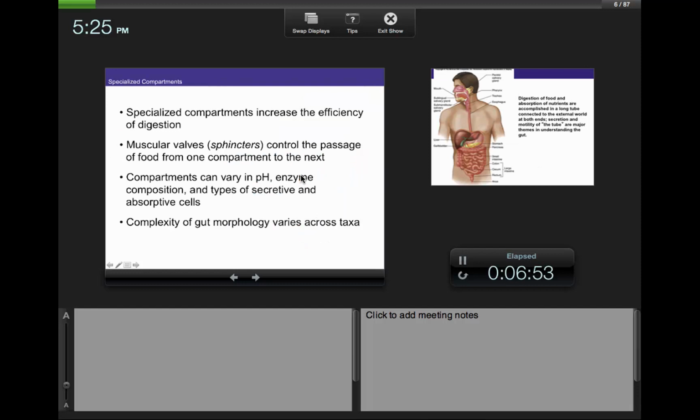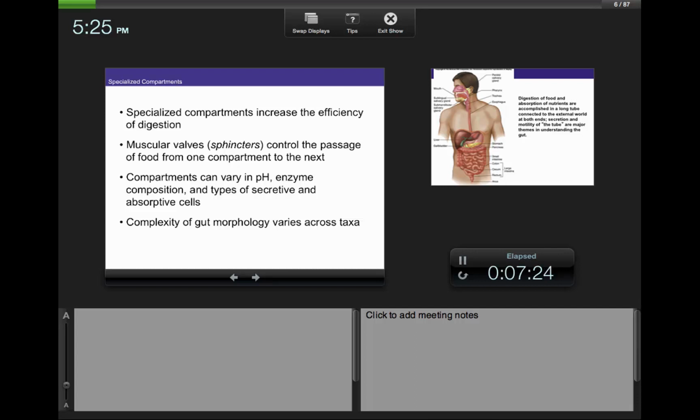Again, the GI tract is organized in compartments that are usually gated by sphincters. True sphincters are made up of circular smooth muscle that constrict when they contract. What's really cool about the GI tract is these compartments stay fairly separated by these sphincters.